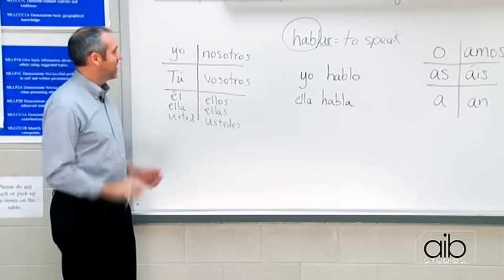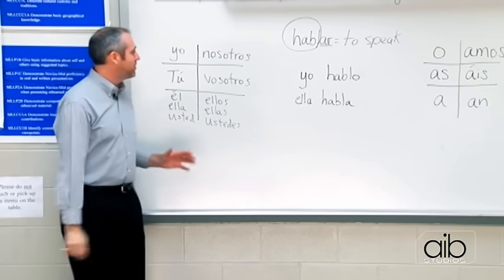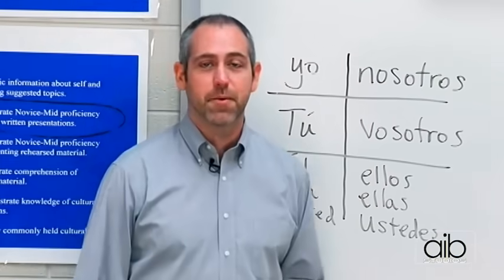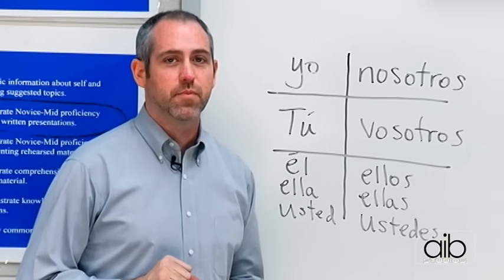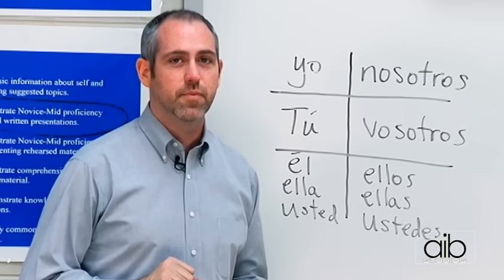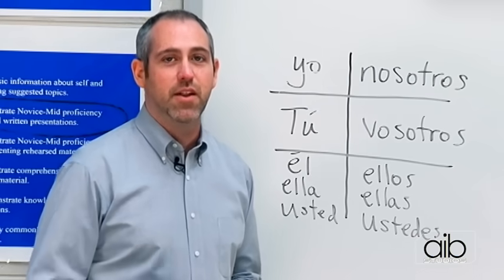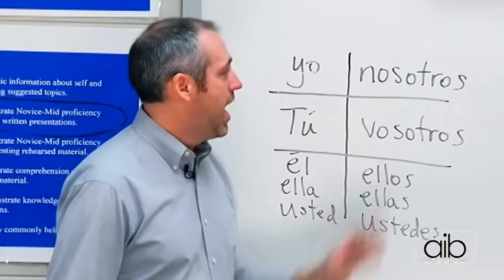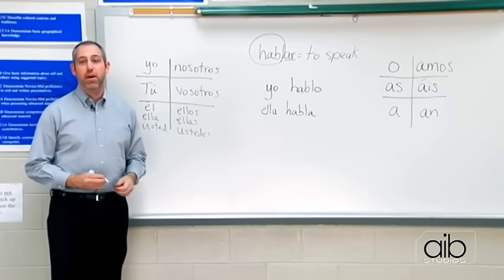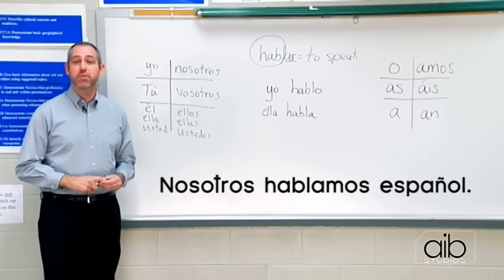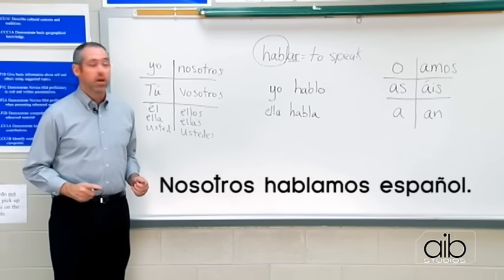All right, now, let's look at our plural side and just make those connections. We speak. How would you say it? Think about it. You got it. Nosotros hablamos. We're going to put the A-M-O-S on there. Hablamos. Nosotros hablamos español.